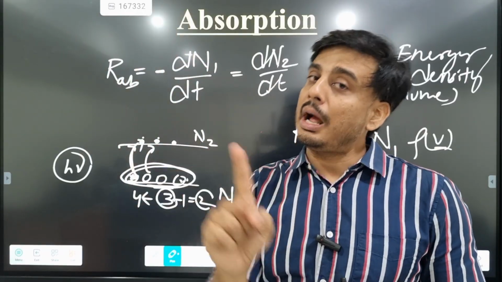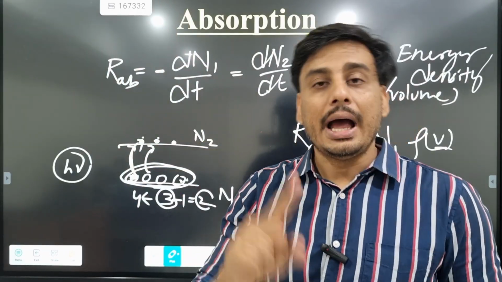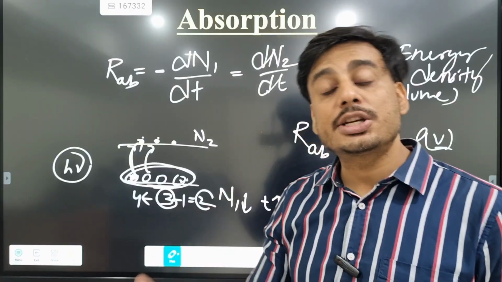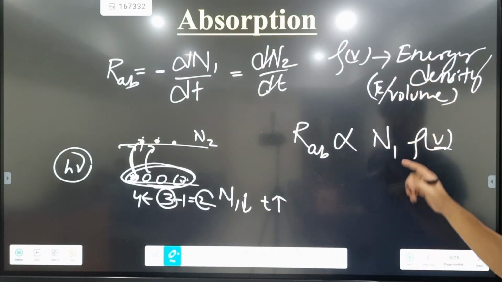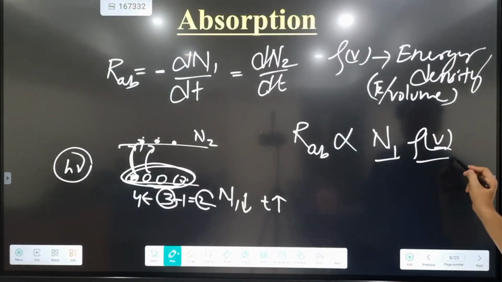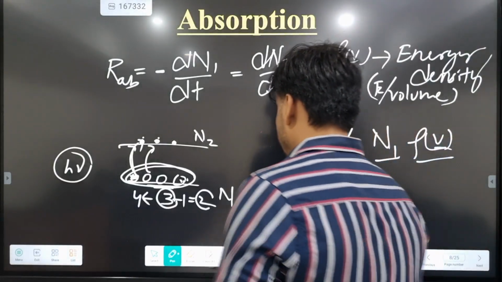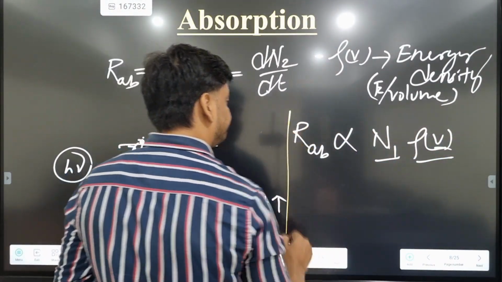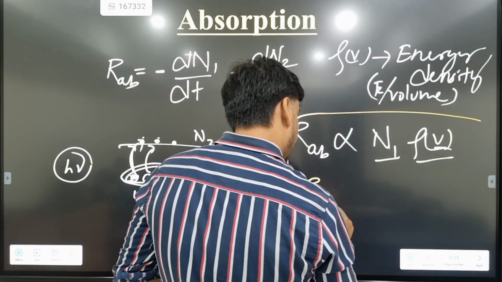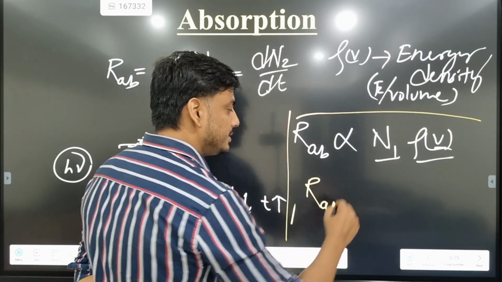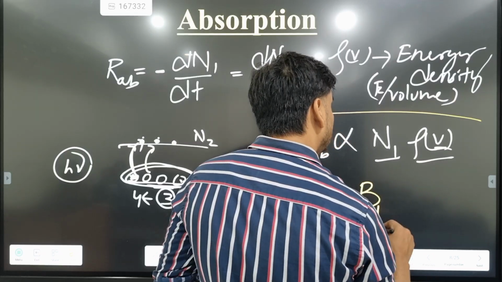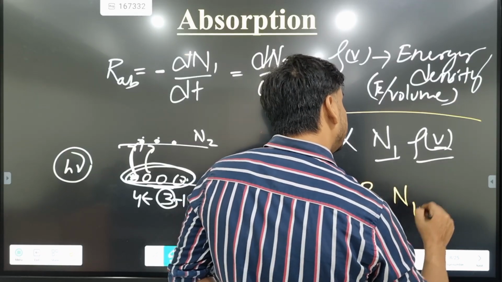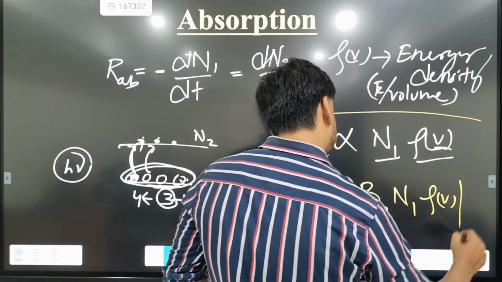So it depends upon how many particles are present as well as how much external energy is given to the system for the excitation process. So it depends upon both number and energy. So if it is proportional, you can directly write down like this: RAB, rate of absorption, is equal to some constant B12 times N1 times rho.